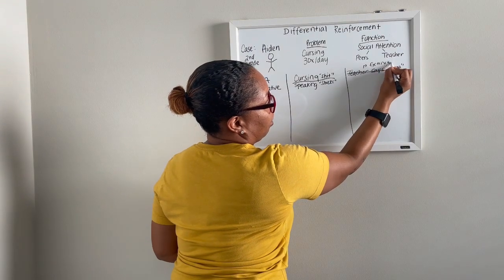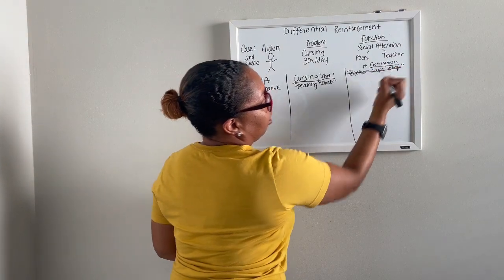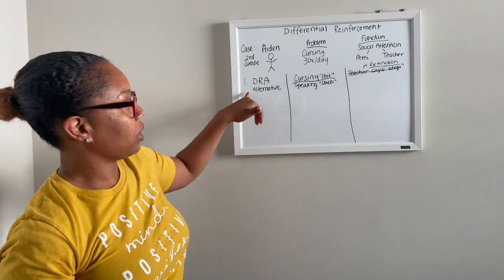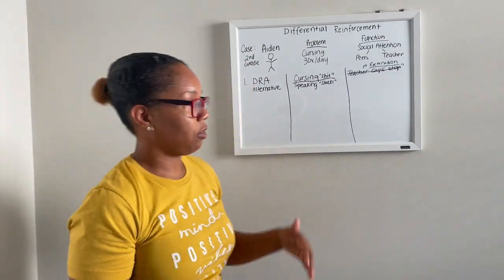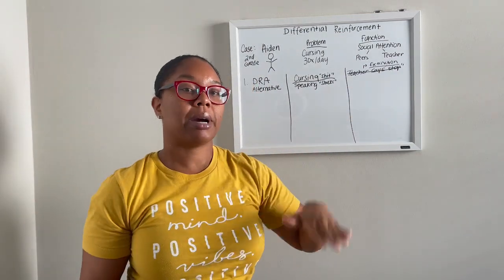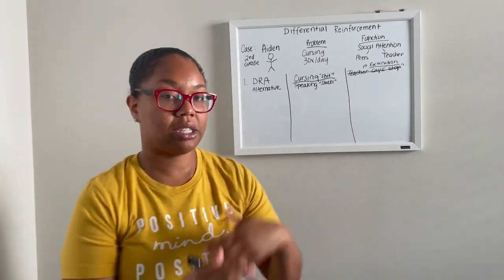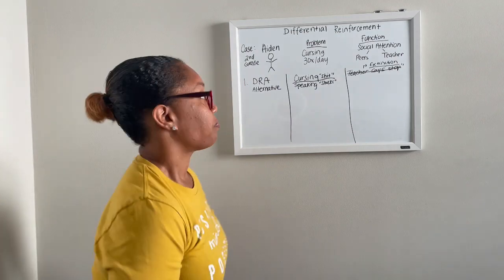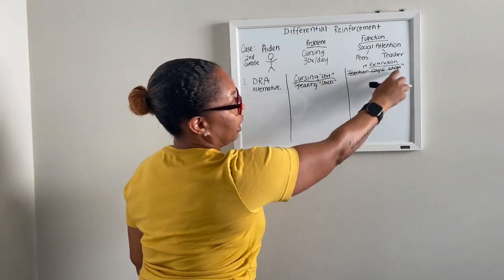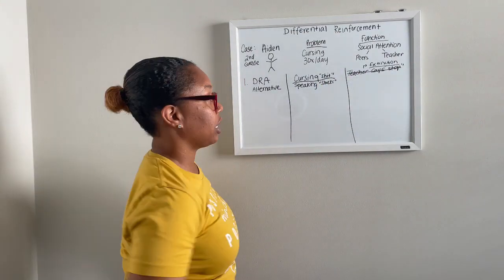Now, extinction is a very hard procedure, but when you're doing the DRA for the alternative behavior, you want to try to minimize attention to this as much as possible. That's what makes it extinction. So instead of her saying stop, she ignores it.